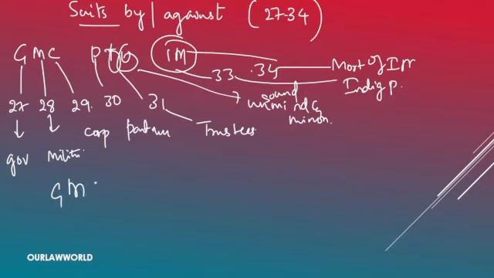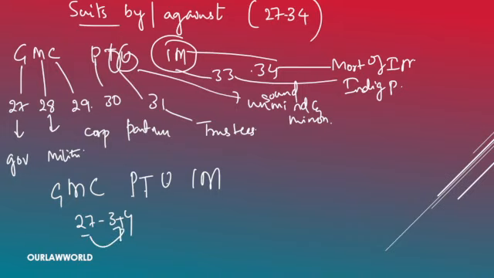The code is GMC, Guntur Municipal Corporation, PTU, PT Usha, and immovable property. Starting from 2, 3, 4, it's 27 to 34. So 3 plus 4 is 7. I wrote it here: 27 to 34. This is how you can remember.